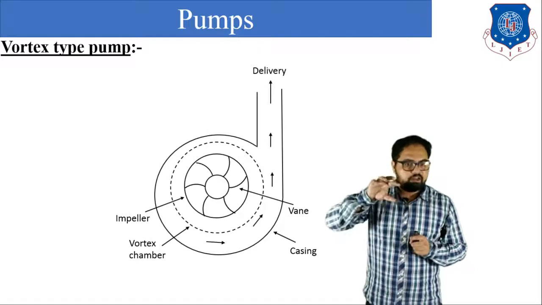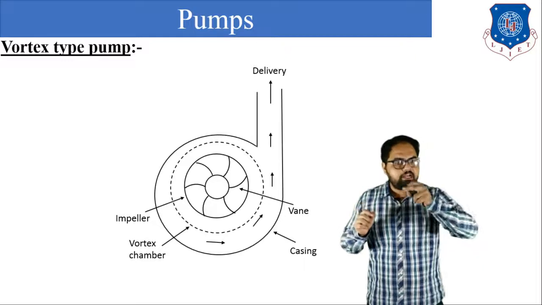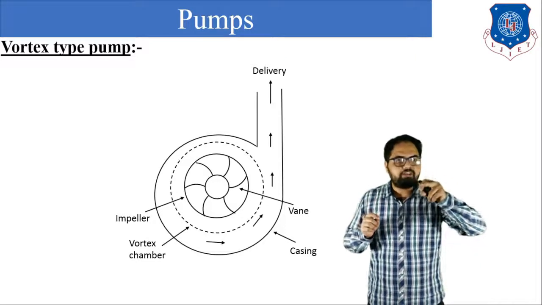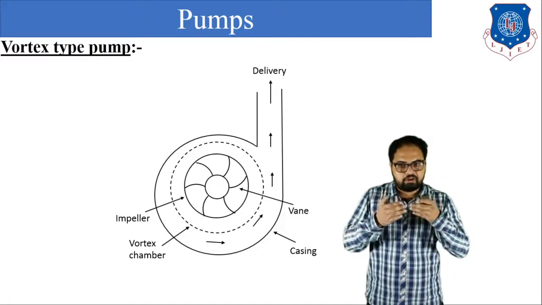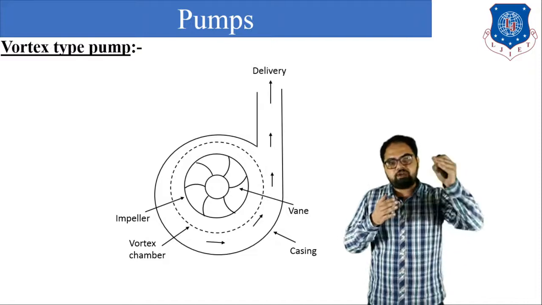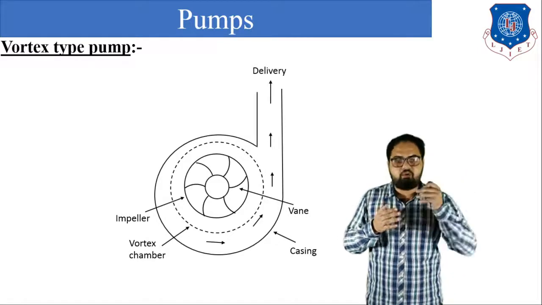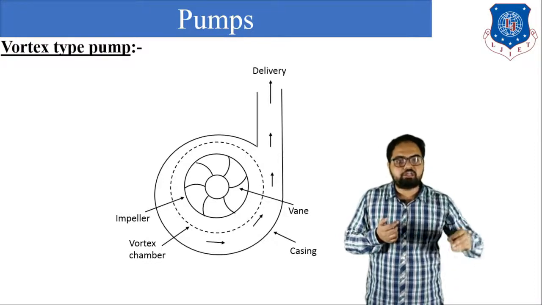When the water leaves the impeller with high kinetic energy, at that time inside the annular space, or we can say inside the volute chamber, kinetic energy is gradually converted into pressure energy. Again that water enters the vortex chamber, and there is further conversion of kinetic energy into pressure energy.